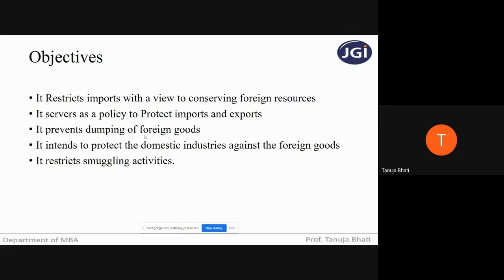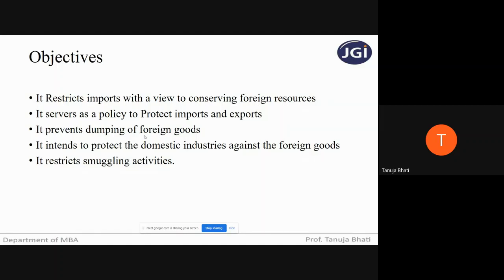So if you will be seeing ahead, in custom duty there are different duties that are charged. Rates of duties are differently charged under customs. Depending upon the type of the goods that is being brought into India, the custom duty is charged. Suppose I give an example: 100 rupees goods is purchased from China, so a heavy duty may be charged, and the total cost may turn up to 250 rupees.